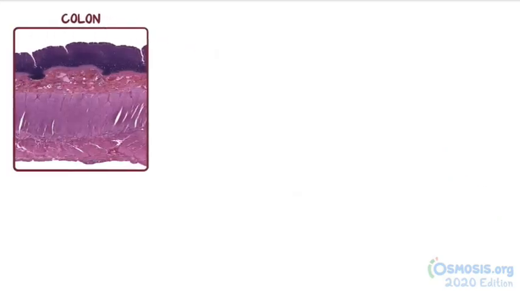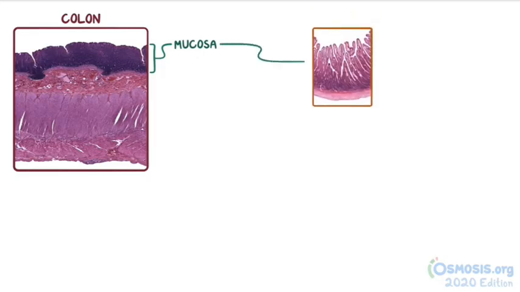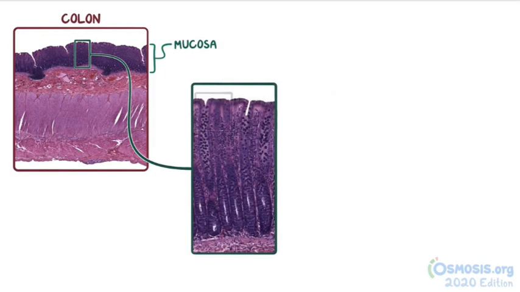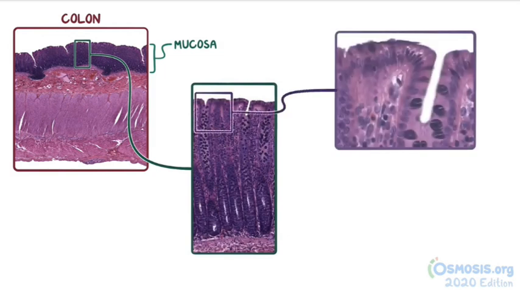Even at low magnification, we can see that the colon's mucosa at the top of this image doesn't have the distinct long villi or finger-like projections that would normally be seen in the small intestine. Taking a closer look at the colon's mucosa, the lumen of the colon is seen at the top of the image, and the first layer of cells lining the mucosa is the epithelium of the mucosa.